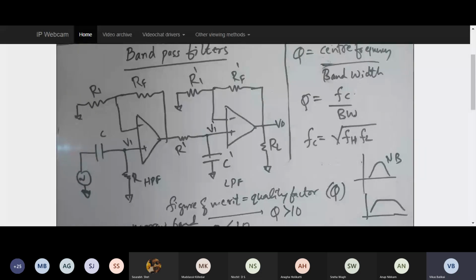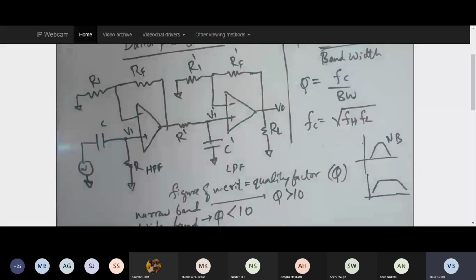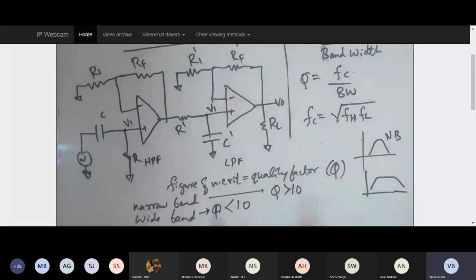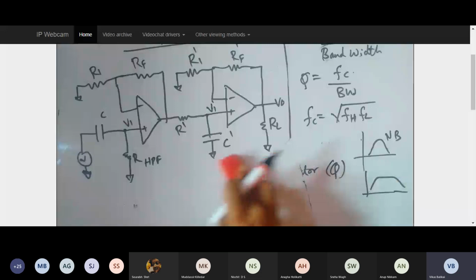Now let's try to jot down the gain equation. How does the gain equation look now? Again, the gain equation will be a combination of the high pass and low pass filter.